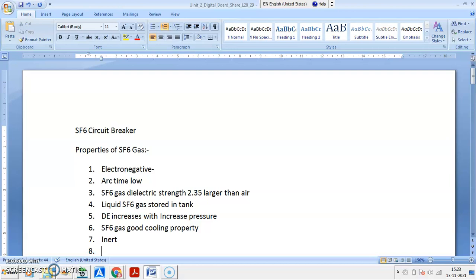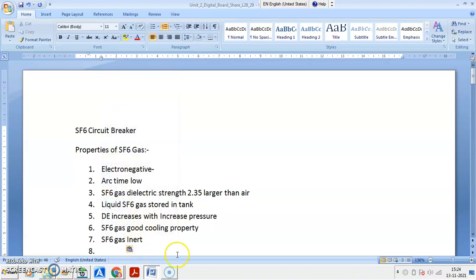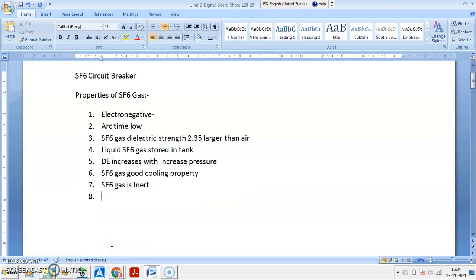But SF6 gas is inert gas. Inert means this chemical property of SF6 gas will not allow erosion of the contacts of the circuit breaker. It's a good property.